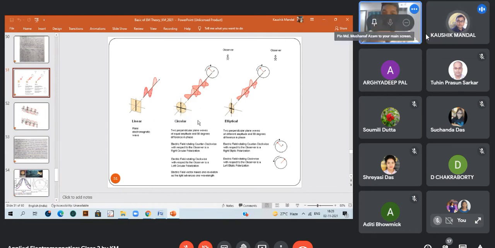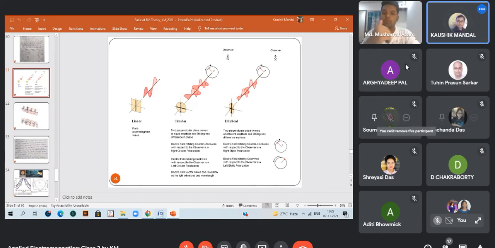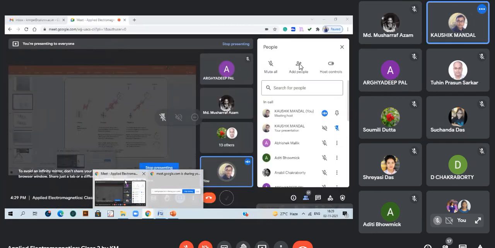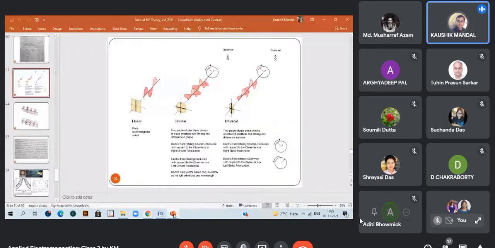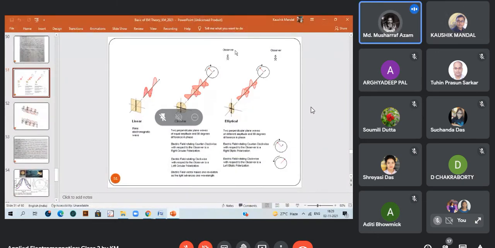Okay, Musharraf, then in that case, I think we have to first consider curling between which parameter? Direction of propagation is clear, suppose it is moving in that direction towards the observer. The direction of thumb in the curl rule can be considered as the direction of propagation. The curl which the fingers make will be considered as clockwise or counterclockwise.